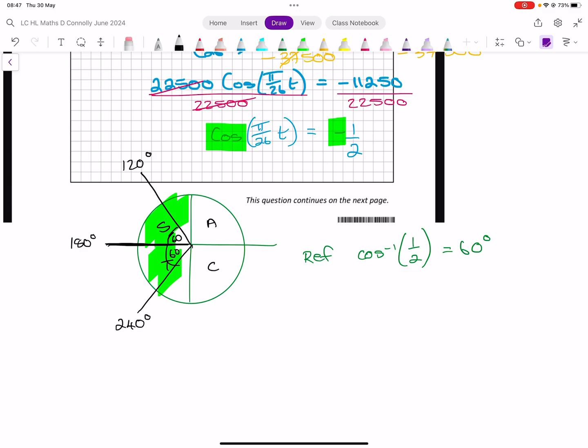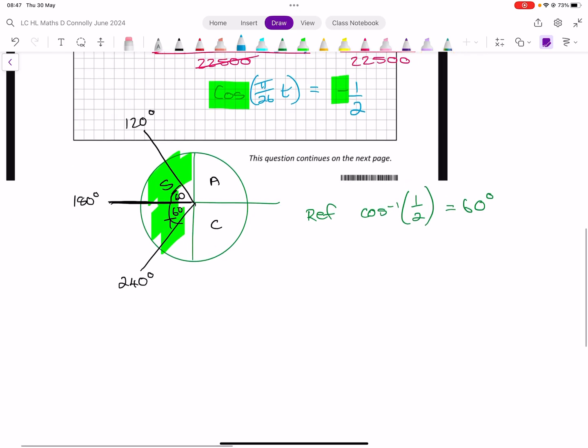Now, do I just go with degrees? I think I just go with degrees. So these are our angles, but you can see in the bit where it should just say t, it's obviously not just t. So we have to take that into account.